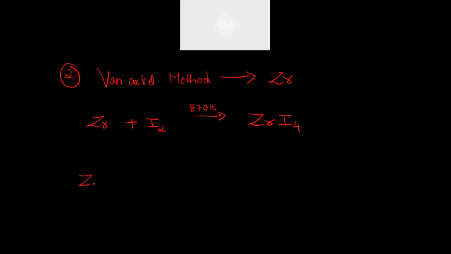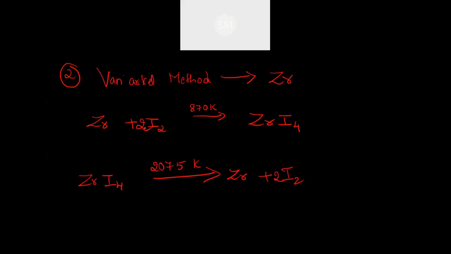This again you take it and heat it still at a very high temperature. See, the temperature is 2075 Kelvin, and a tungsten filament is taken so that you get a higher temperature and break them down to zirconium plus iodine, 2 molecules of iodine, because 4 iodine has been formed here.